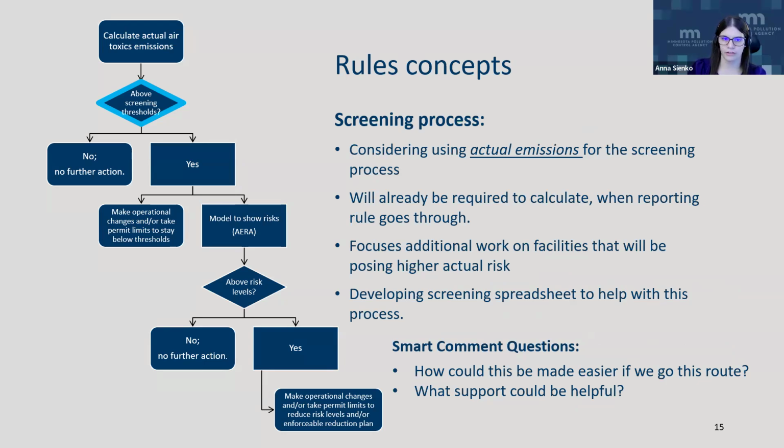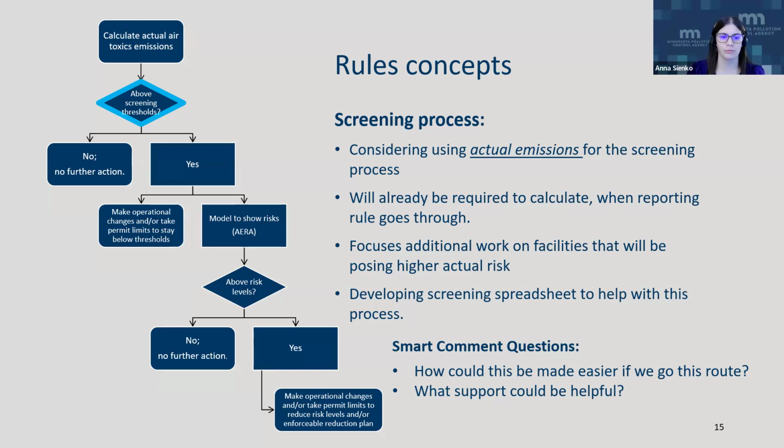And for the screening process, we are considering using actual emissions as opposed to potential to emit emissions. Most, if not all, facilities already calculate their annual HAP emissions. Additionally, most of the air toxics we're looking at with those health risk values are HAPs, so there's not too much additional work.